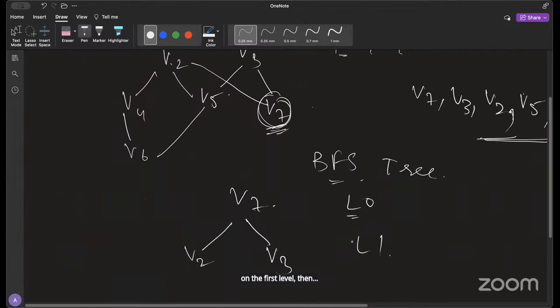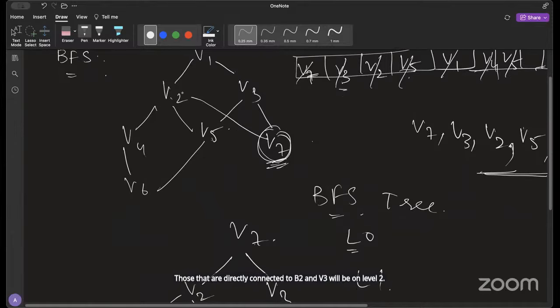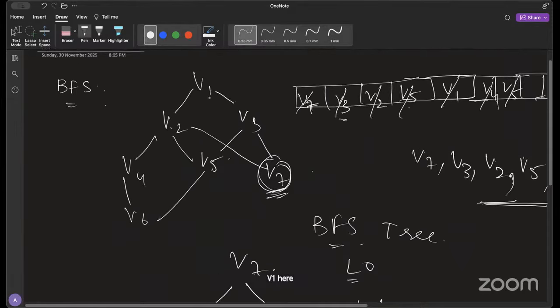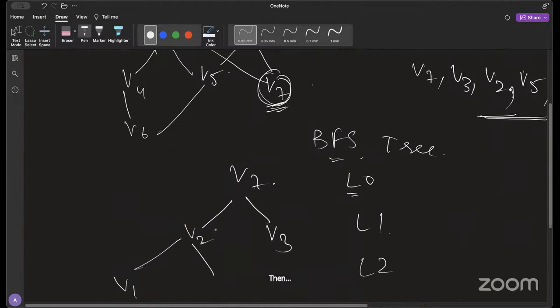Then your level 2 is this. Those that are directly connected to V2 and V3 will be on level 2. So V2 is directly connected to V1, then V5 and V4.